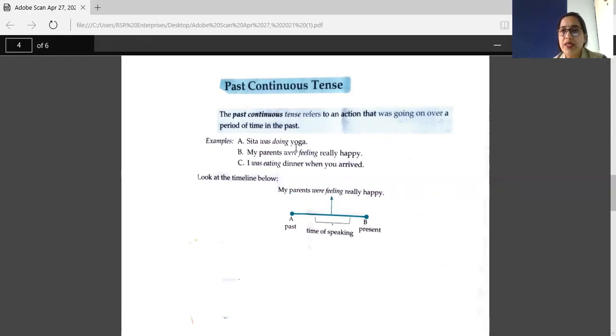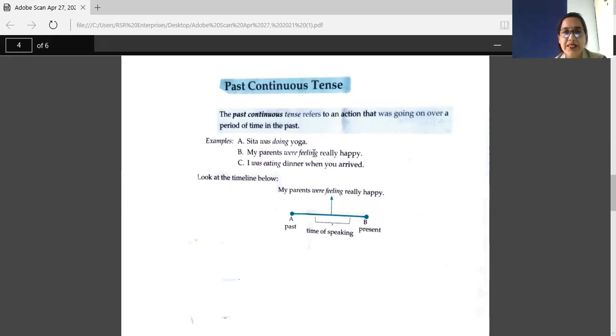Sita was doing yoga. That means at some past time, she was doing this work. So we have was, Sita is singular, so we'll use was, and the ing form of do is doing, or the present participle of do is doing. My parents were feeling really happy.